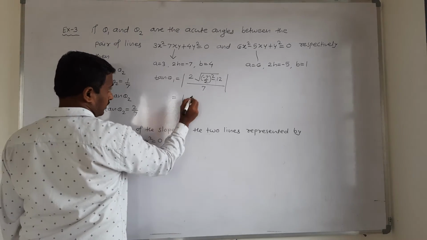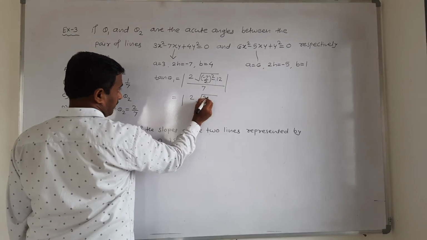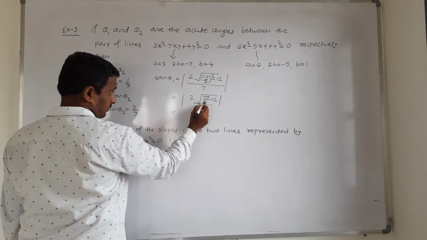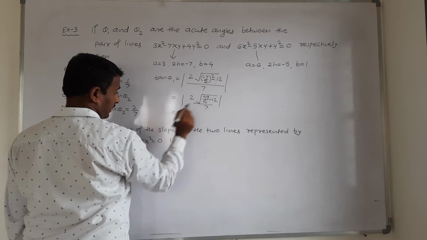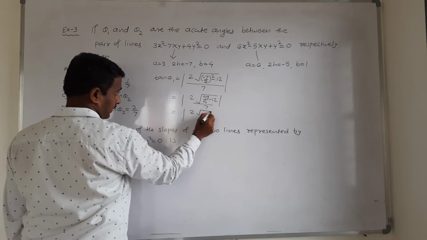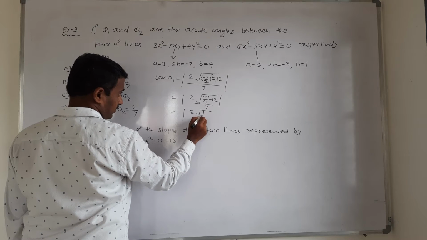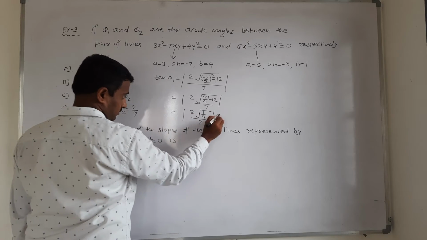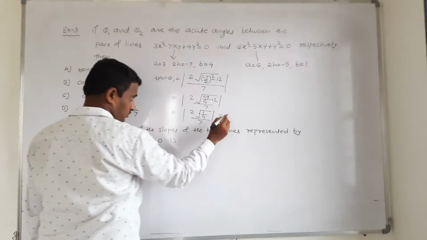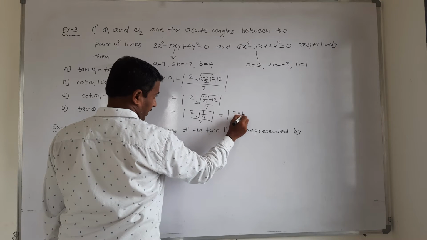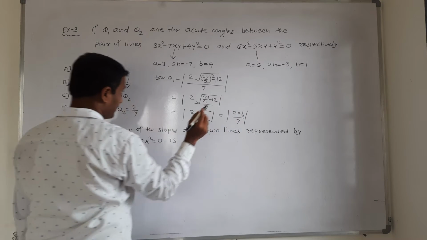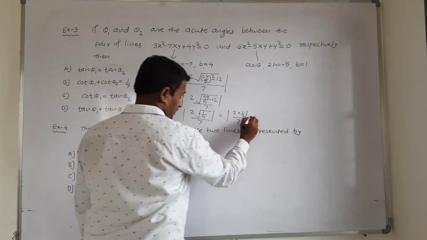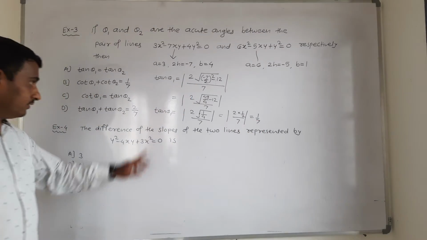Then tan θ1 = 2√(49/4 − 12) / 7. Taking the common denominator, (49 − 48)/4 = 1/4, so √(1/4) = 1/2. Then 2 × 1/2 / 7, the 2s cancel, therefore for the first, tan θ1 = 1/7.